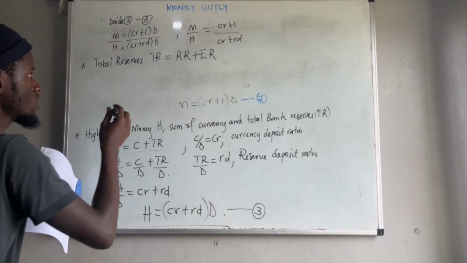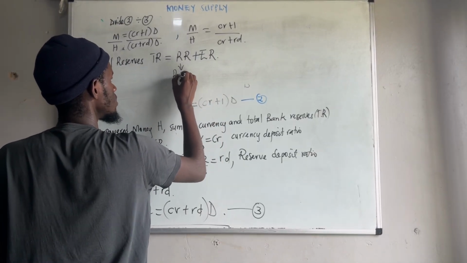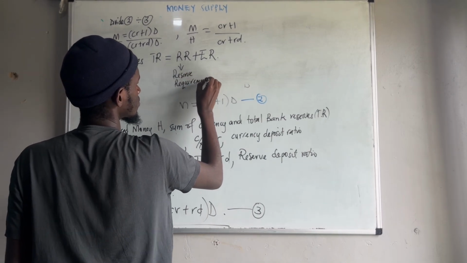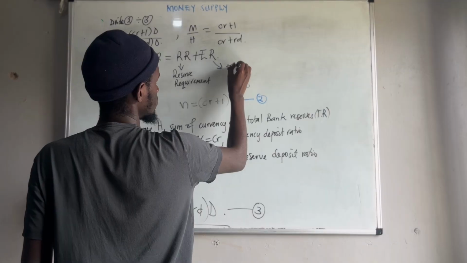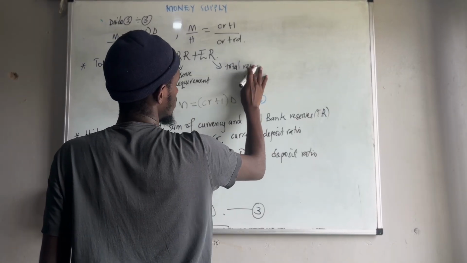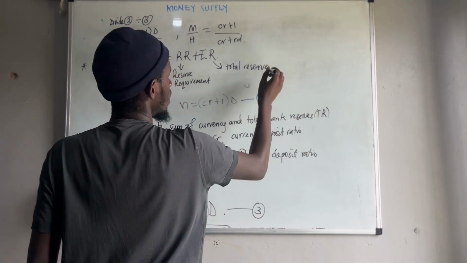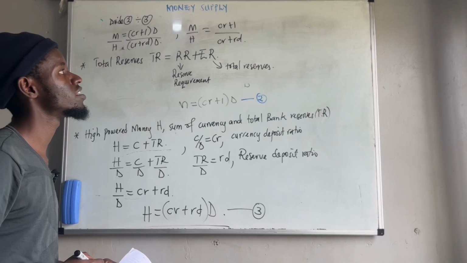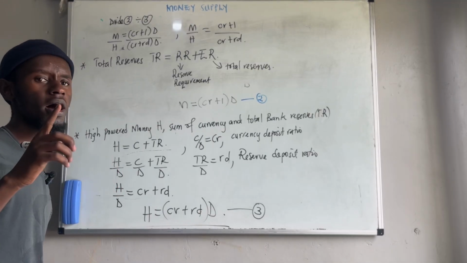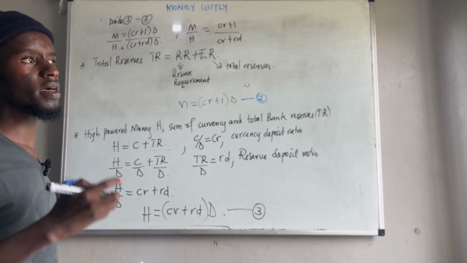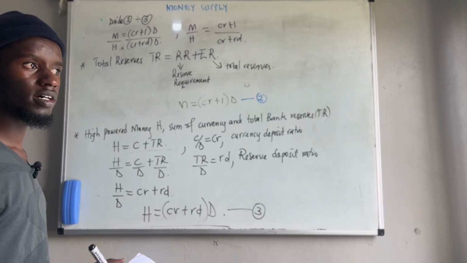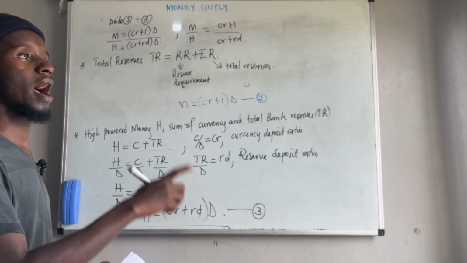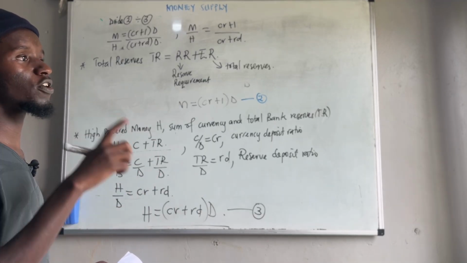Let us go through a simple recap of total reserves and the reserve requirement. If a customer or depositor makes a deposit in the commercial bank, there is a certain percentage of money that the commercial bank has to keep with the central bank by law. That's what we call the reserve requirement.